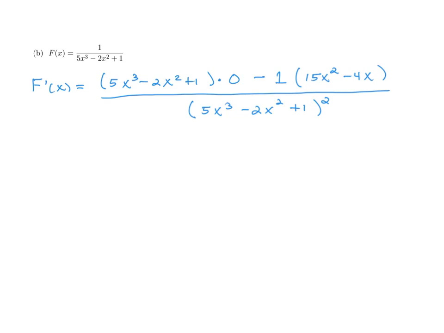squared. I am not going to square this out. I'm going to leave it to the power of 2. Typically with the quotient rule, nothing will be gained by squaring this in terms of trying to simplify the answer, so I'm just going to leave it alone.